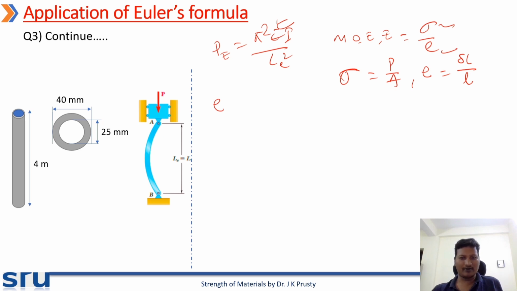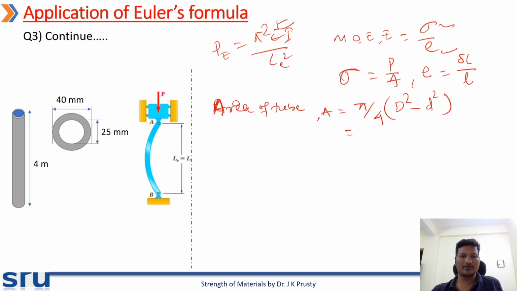Let us find out the area of the tube. A is equal to pi by 4 into capital D square minus small d square.